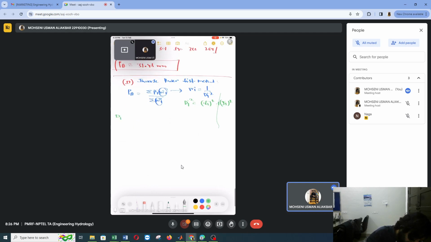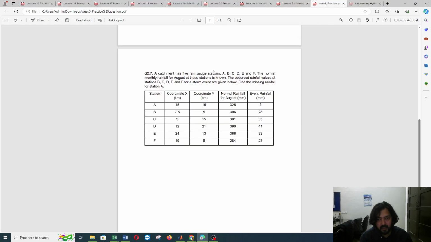First we are going to calculate dB square. For station B, the x coordinate is 7.5.